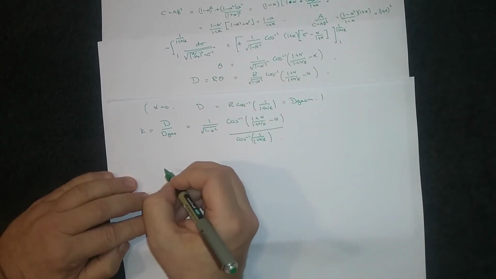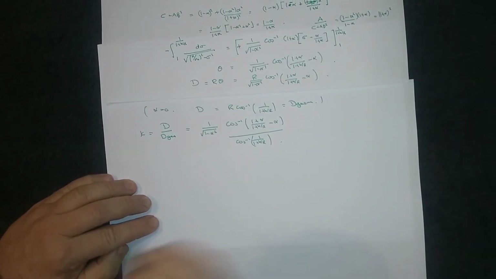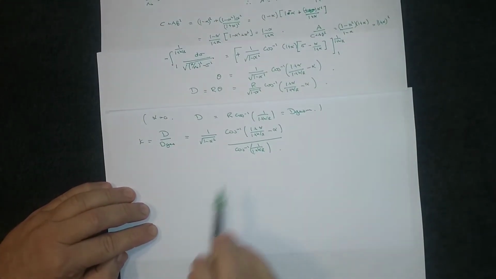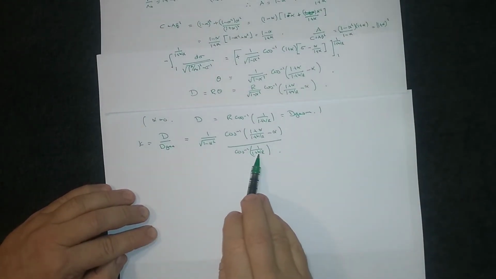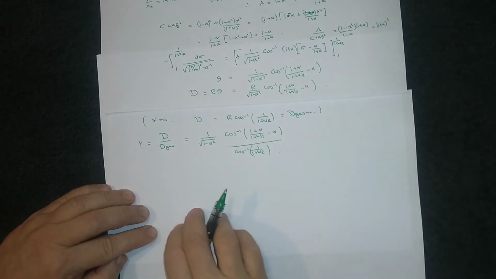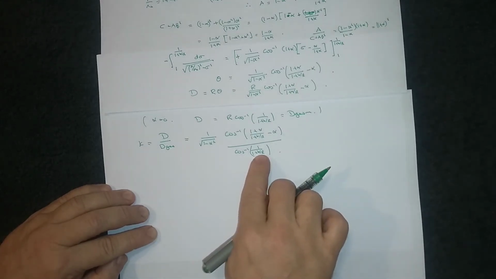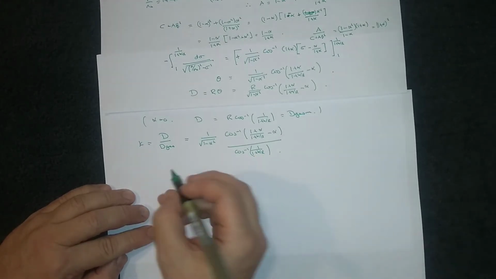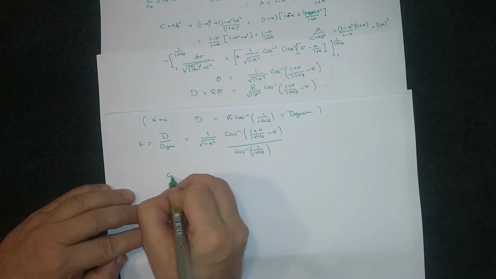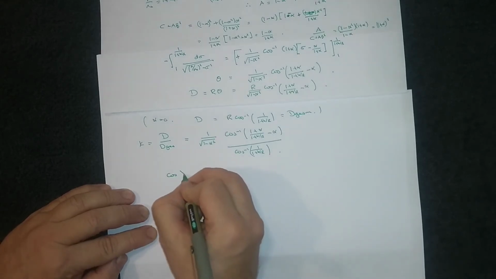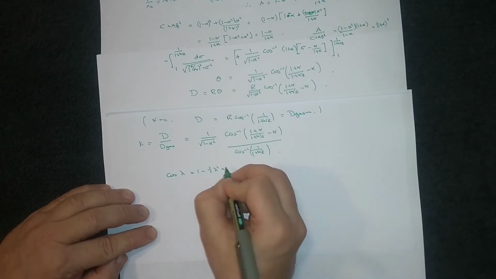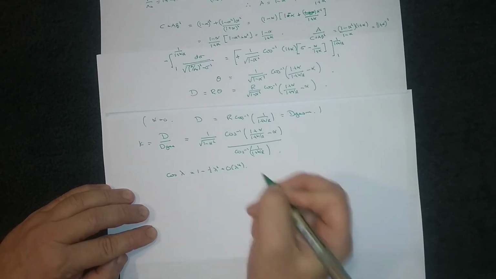Now we need to evaluate the inverse cosines. This thing could be very close to 1, and so is this one, for h a lot smaller than the radius of the Earth. h is no more than about 2% of the radius of the Earth, so this is an excellent approximation. We have cos of lambda is 1 minus a half lambda squared plus higher order terms.